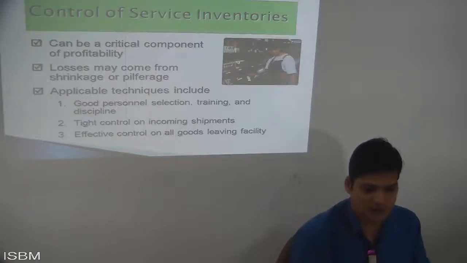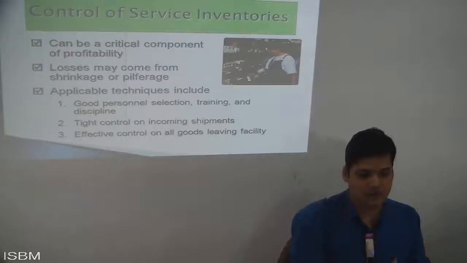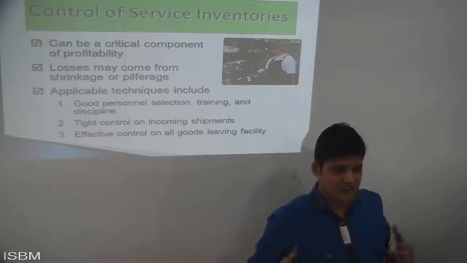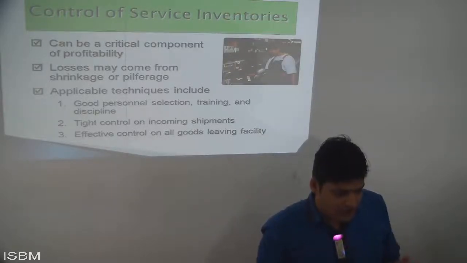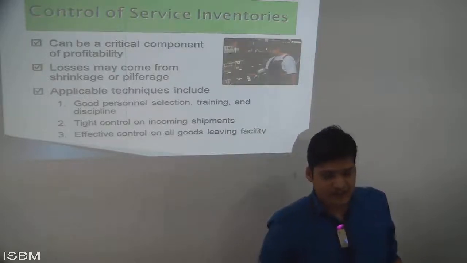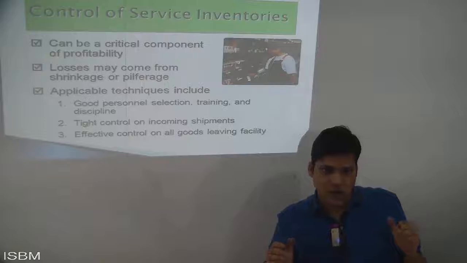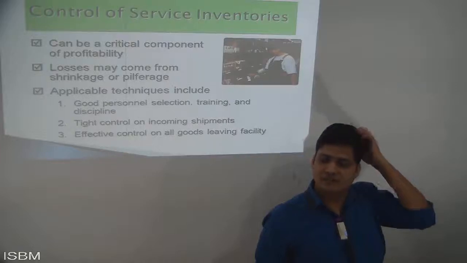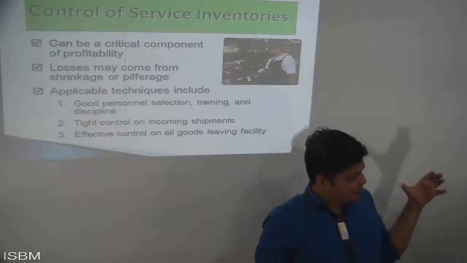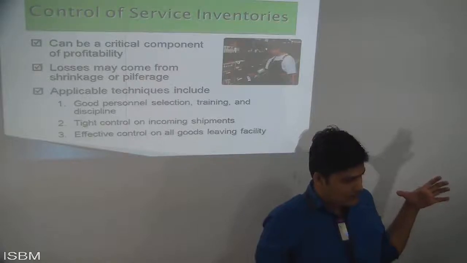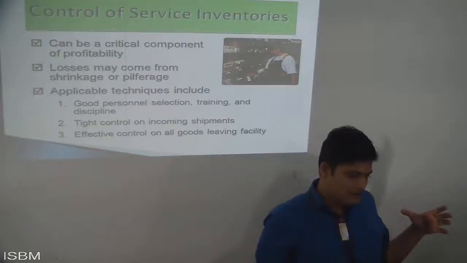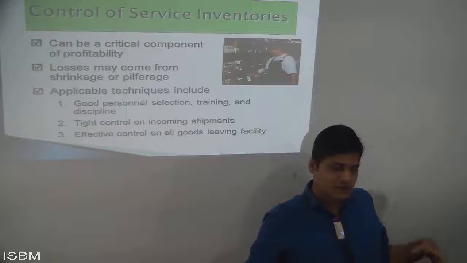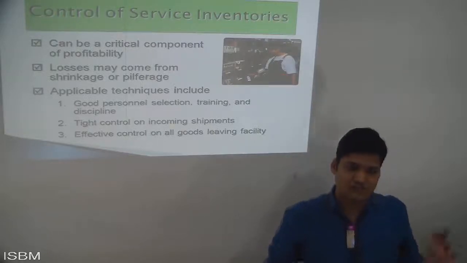Effective control on all goods leaving the facility. When goods are leaving, there should be some machine or vehicle which takes care of products going out of the factory. Factories are very big, centered on acres, so it is not easy to carry the product in a man's hand. Obviously there should be some vehicle which takes care of these things.